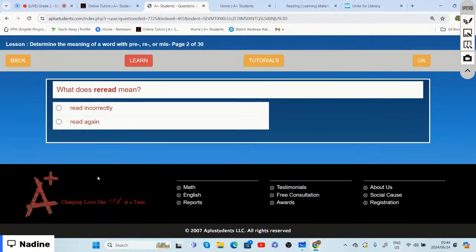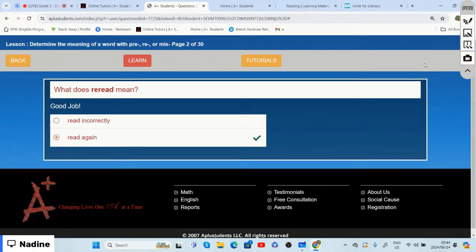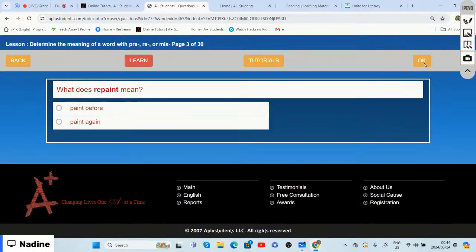All right. And if we want to reread something, then we read it again. Well done, because re means again. All right. Then what does repaint mean? Is it to paint before the time or is it to paint again? Repaint. To paint before or to paint again?